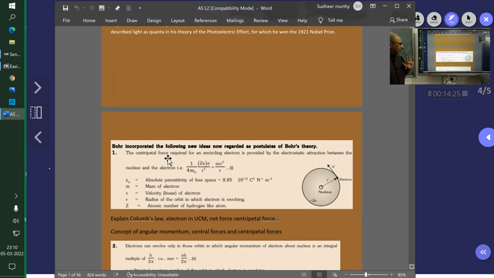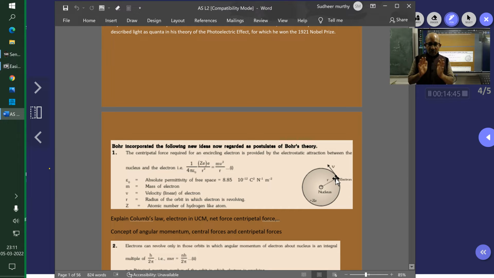Now, the postulates of Bohr theory are very famous and very much pertaining here. The electron is now considered to be revolving in a circular orbit.